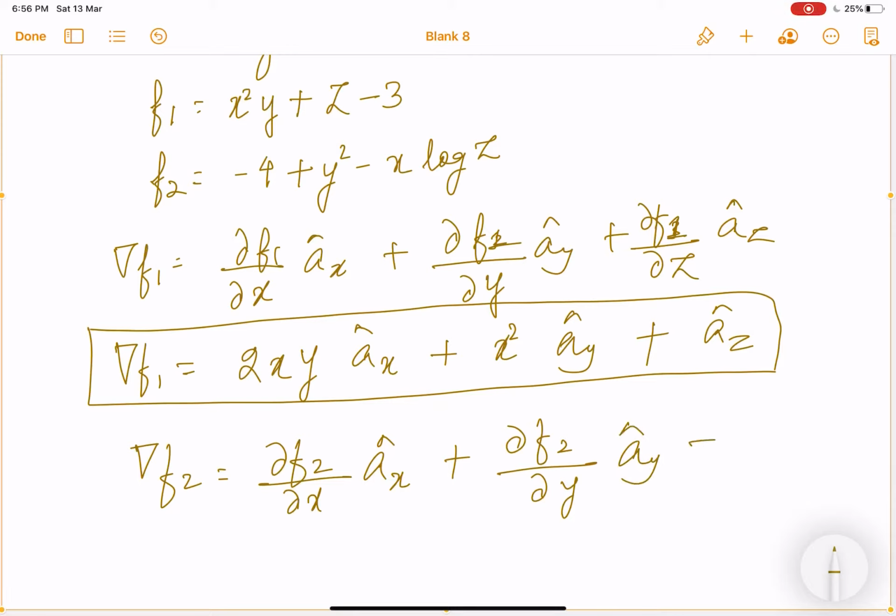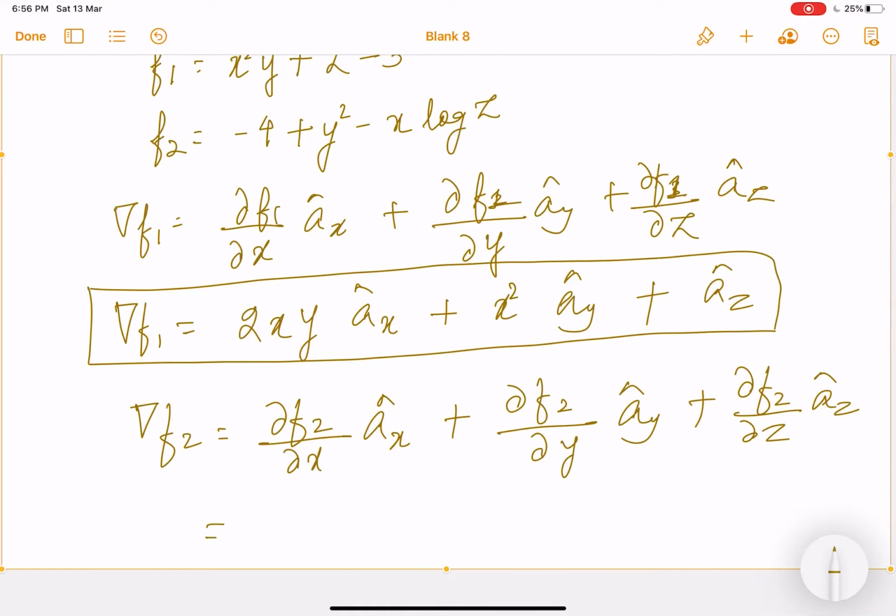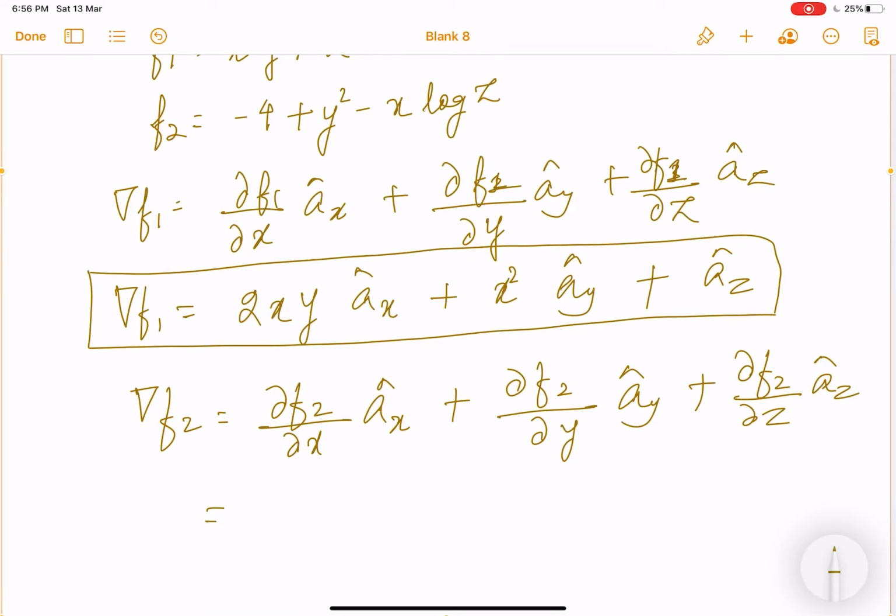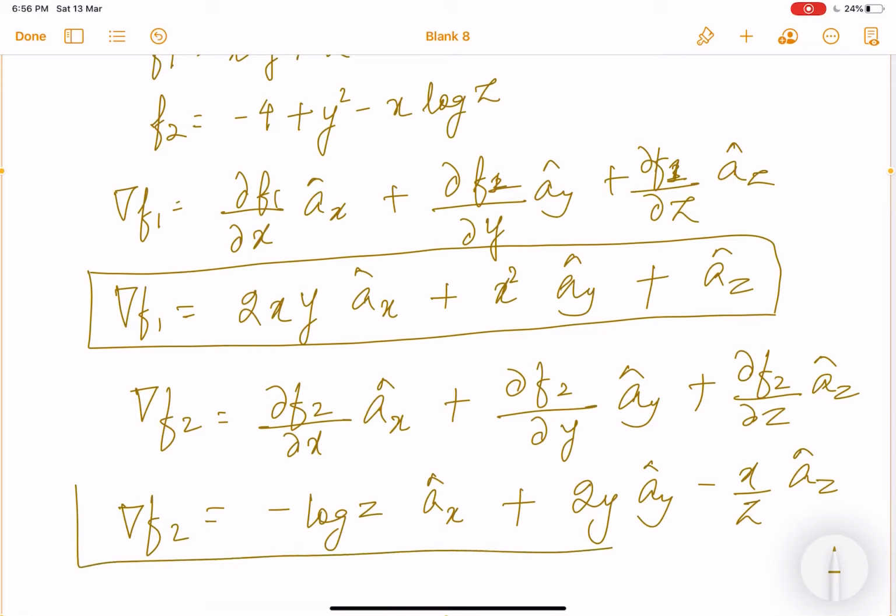Substituting the values, we get minus log z i, plus 2y j, then the next term will be minus x by z k. This is the gradient for the second surface.